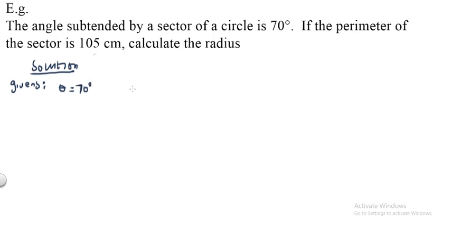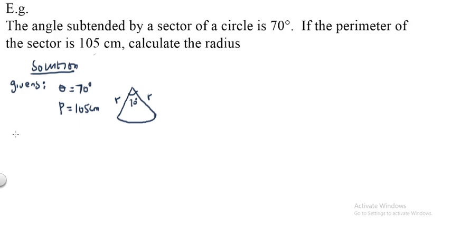It helps to draw your diagram most times. So this is supposedly a sector and this is a 70 degree angle. We don't know our radius. But we are told that the perimeter of the sector is 105. What we can do is, we know the perimeter of the sector is 105 centimeters.